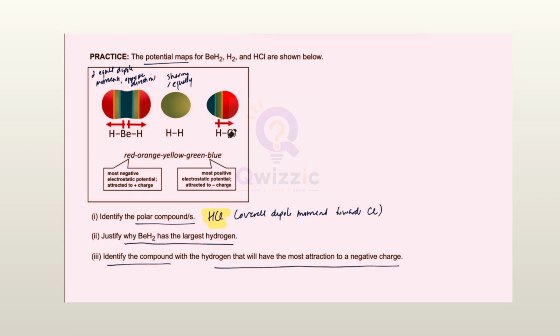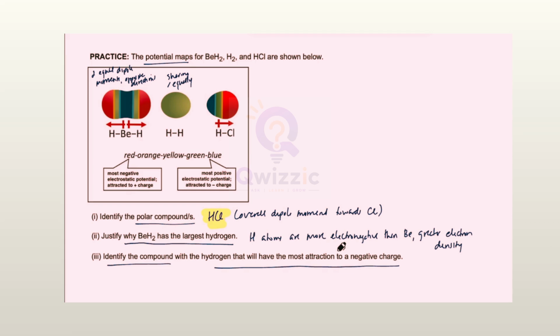Whereas in HCl, the chlorine is more electronegative. The electrons spend more time with the chlorine. So BeH₂ has the largest hydrogen because the hydrogen atoms are more electronegative than the beryllium in the center, and therefore those hydrogens have greater electron density.